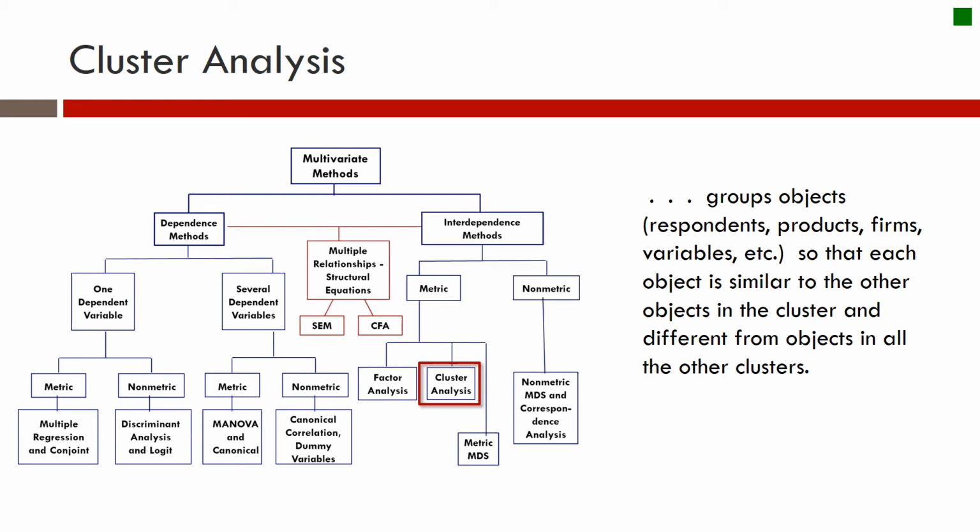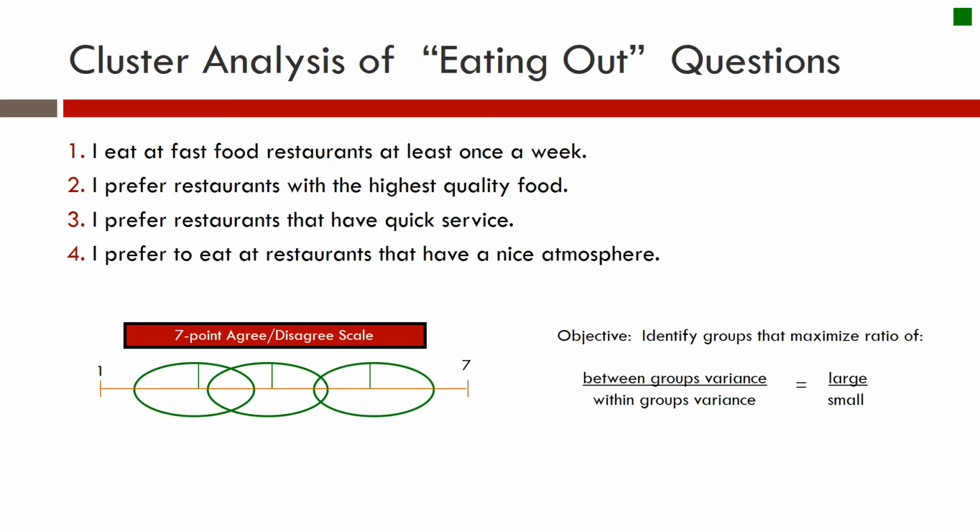In cluster analysis, what we're doing is we're looking to group together respondents. So this is super important when we start to look at target markets and identifying groups of consumers that behave the same way. We'll use a cluster analysis to help us identify those folks.